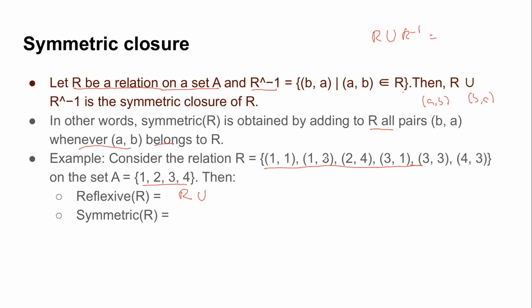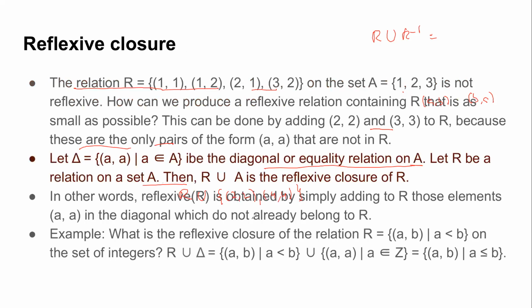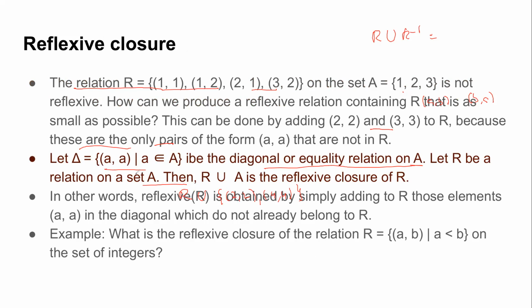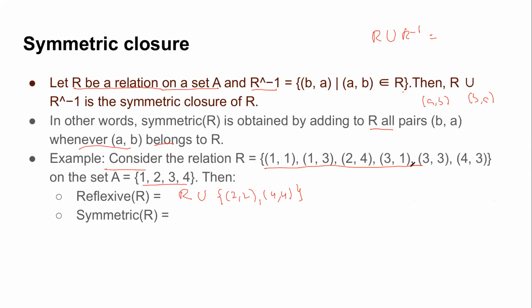So what is missing is 2 comma 2 and 4 comma 4. Remember, reflexive closure is those diagonal elements which are missing. So 1 comma 1 and 3 comma 3 are already there. So 2 comma 2 and 4 comma 4.